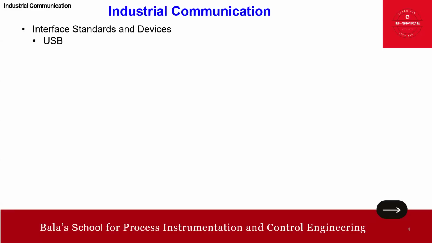Then we have RS-485. RS-485 is an interface standard for data communication that allows data transmission speed up to 1 Mbps on a 100-meter cable. Data communication speed varies inversely with the total length of an RS-485 cable. Friends, you got it?